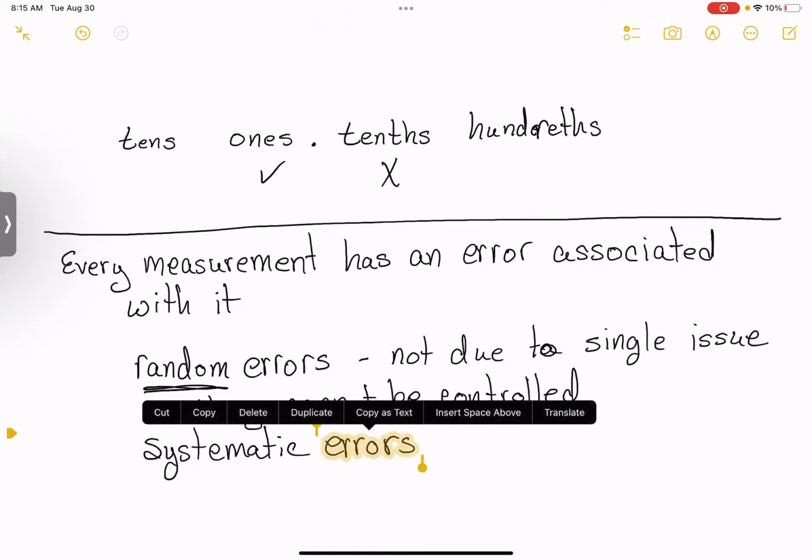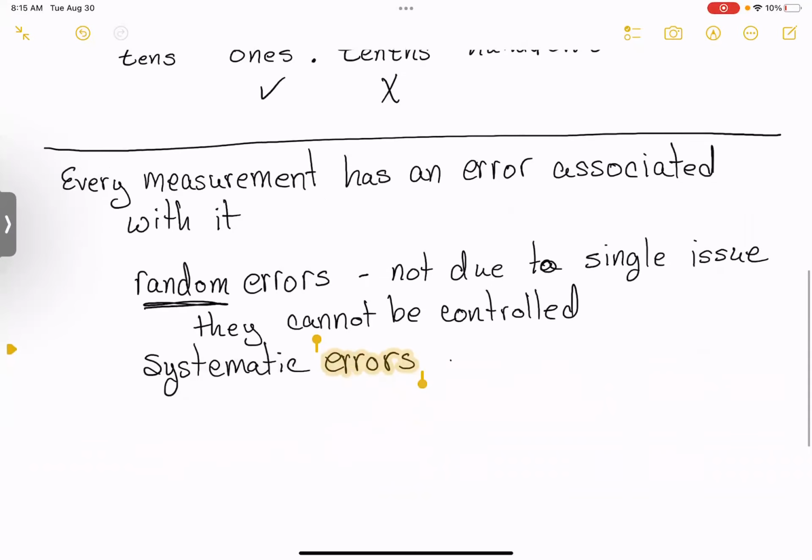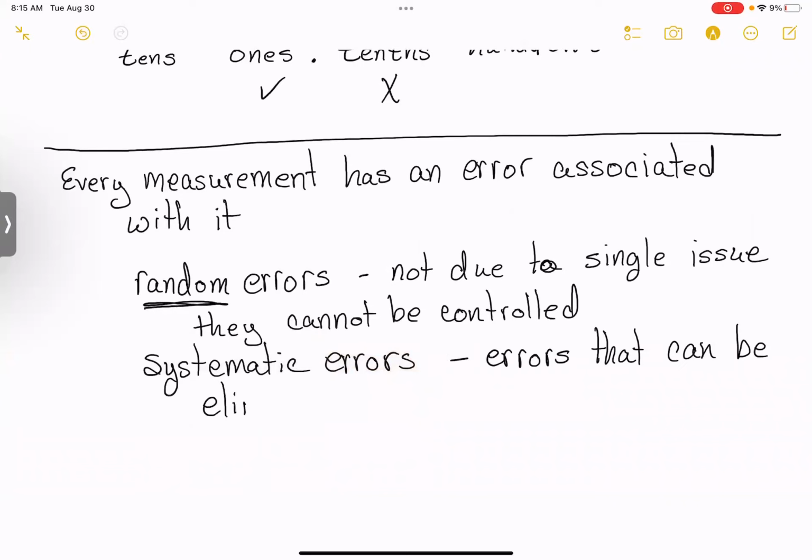The second type of error is a systematic error. Systematic errors are errors that can be eliminated by the scientist.